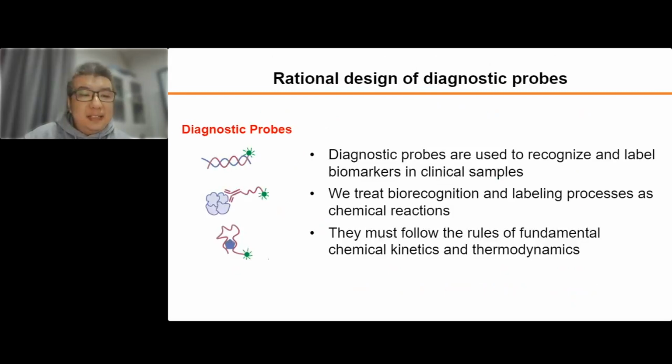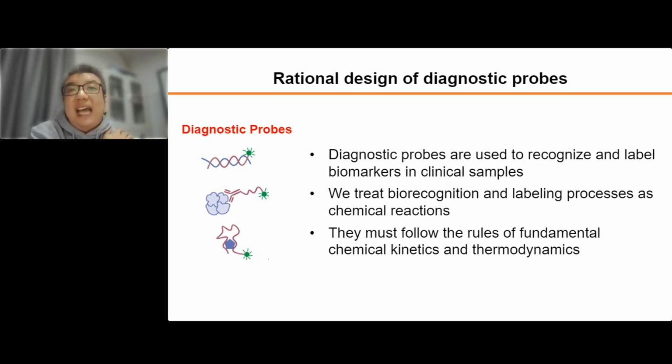So basically, our lab focuses primarily on the development of diagnostic probes, which are used to recognize and label biomarkers in clinical samples. We treat such biorecognition and labeling processes as chemical reactions.